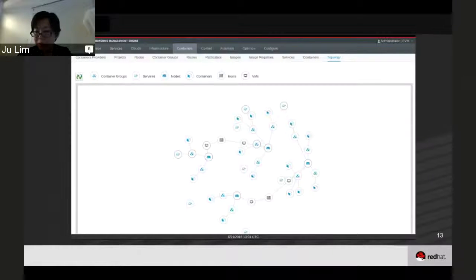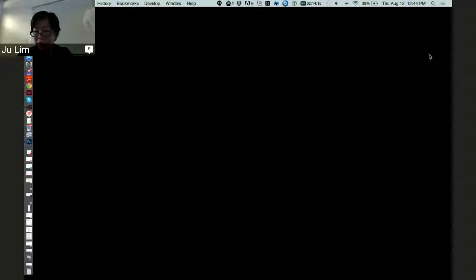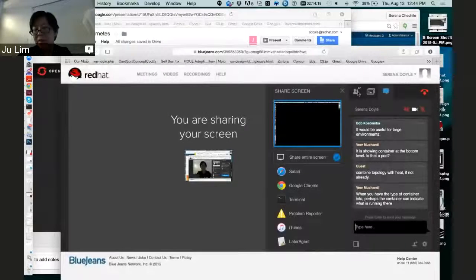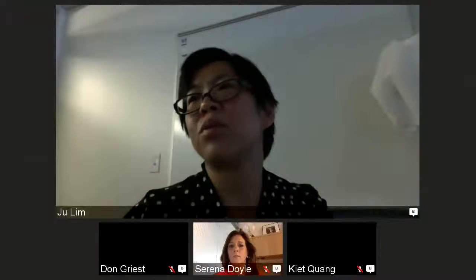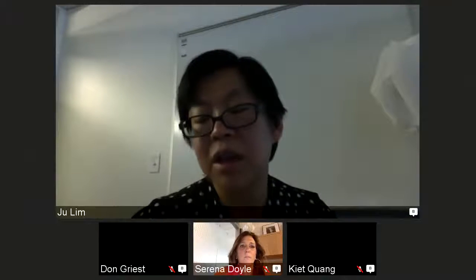One comment. When you have the type of container info, perhaps the container can indicate what is running there. That's right. So one of the things to mention in the live demo is that we actually do have some views where if you're clicking on the object, you can actually see detailed information about the object. So for example, if you're clicking on a container, you should be able to see information about the image and other information about the containers.